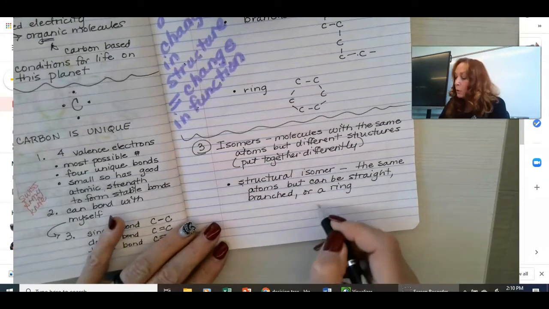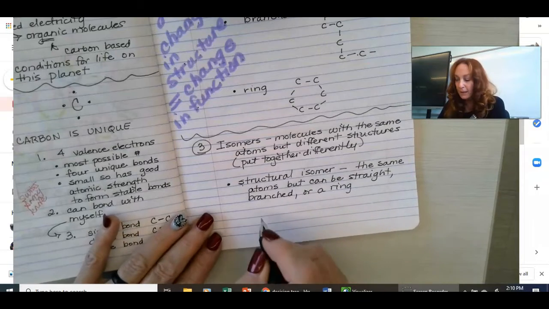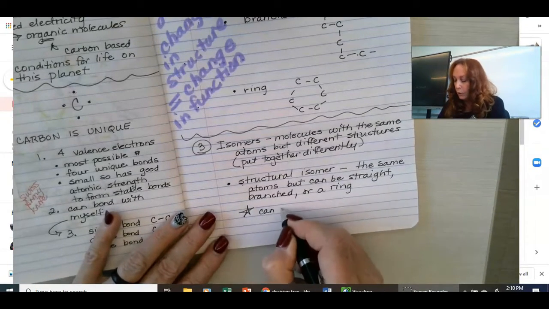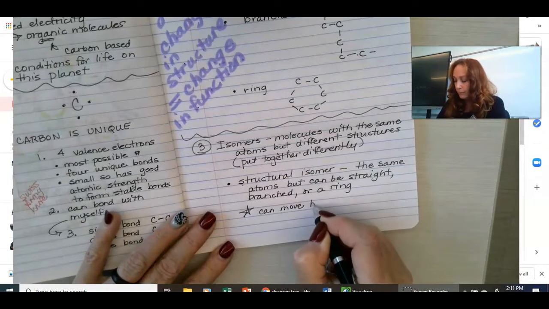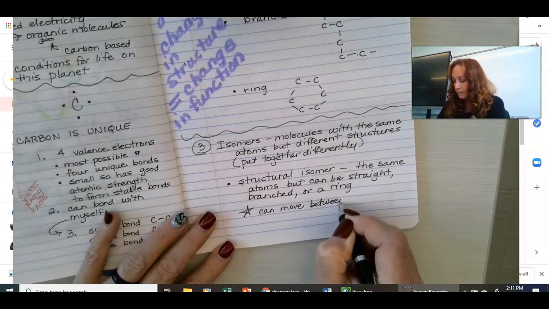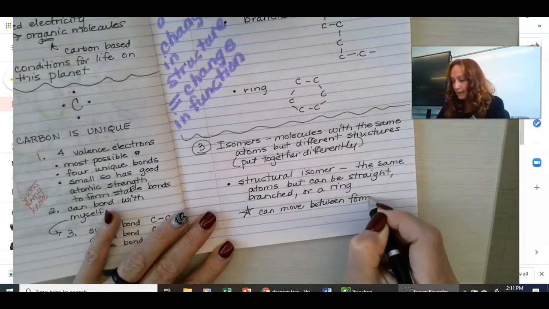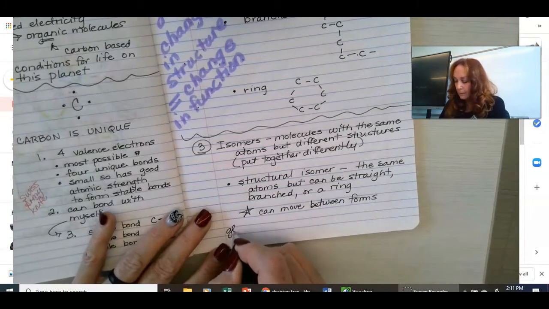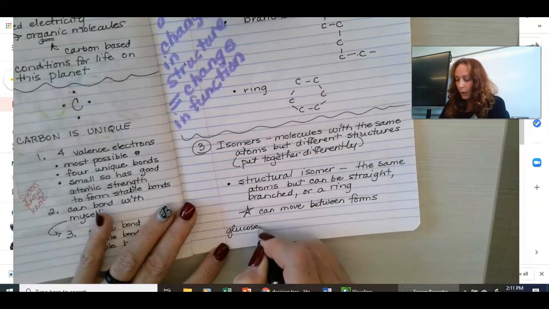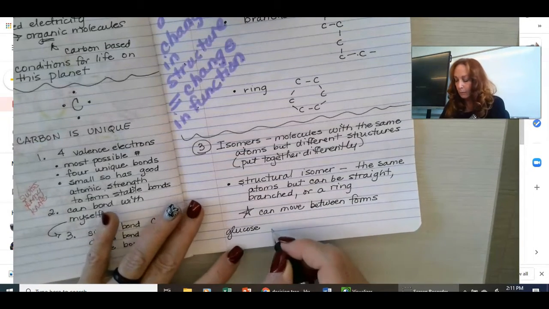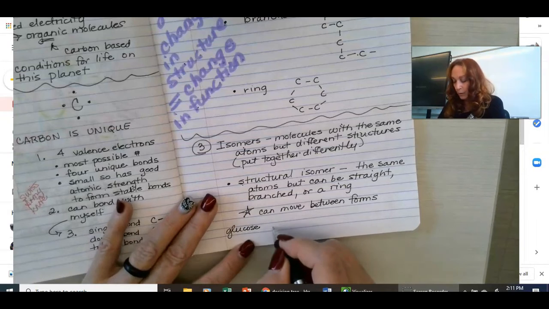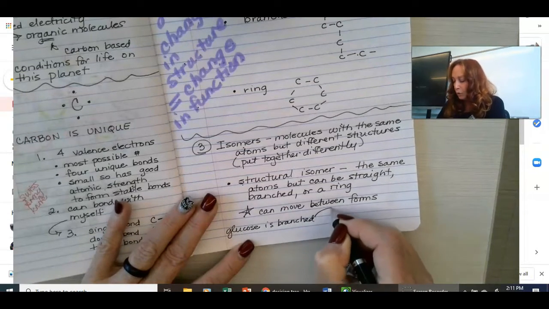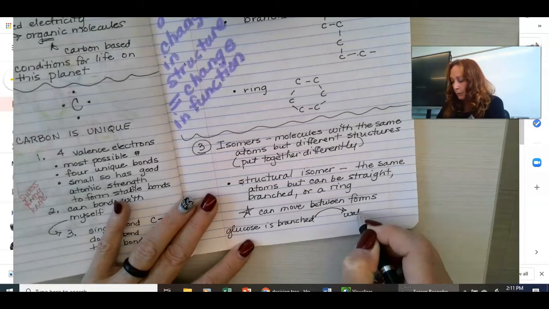When it can move between forms, that's the other thing that's super cool. Let's put that here because that's super cool. It can move between forms. Just like I said, you might have glucose that's branched, and we'll talk about what you call that, D-glucose, but whatever. Glucose is branched. And then you move it into water.